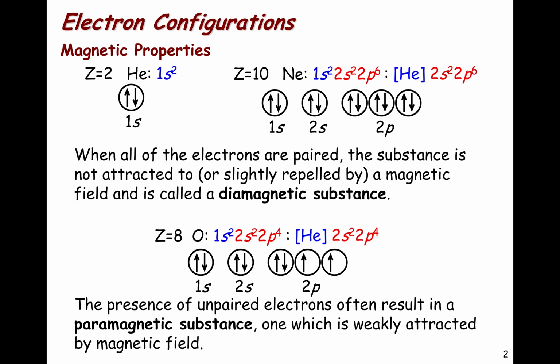The oxygen atoms are indeed attracted to a magnetic field. If the total amount of spin is relatively small, we would often refer to this as a paramagnetic substance.